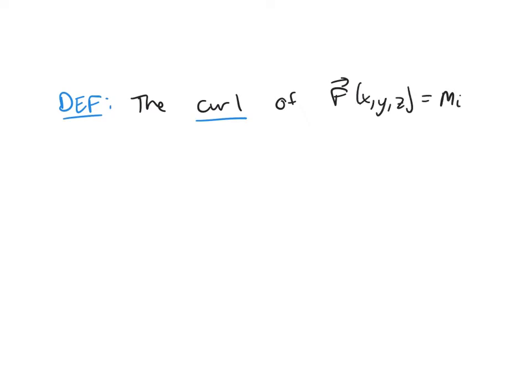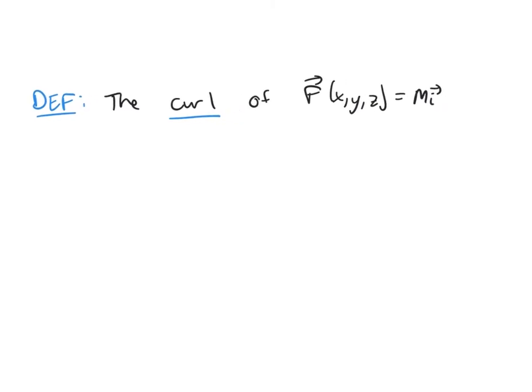So we're going to define another new term here. So we're going to define curl. The curl of the vector field, which is mi plus nj plus pk, is curl.